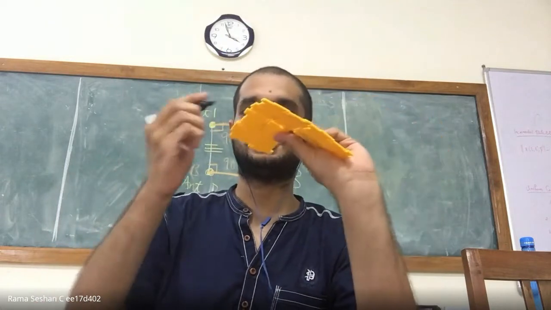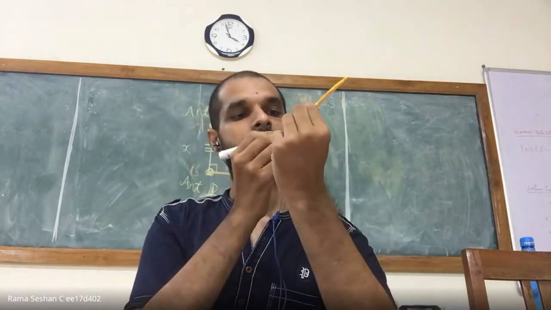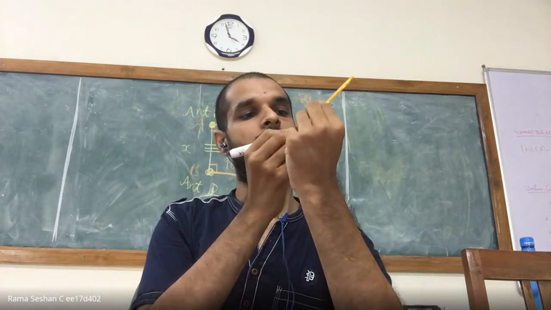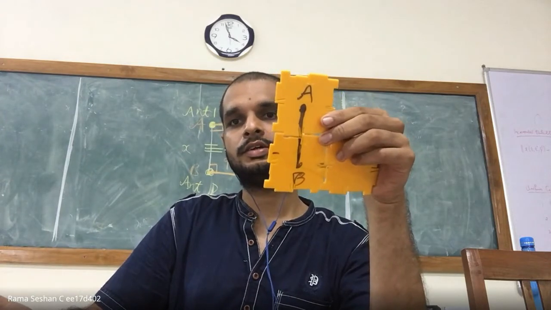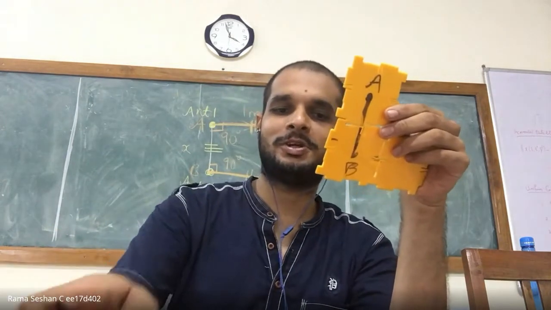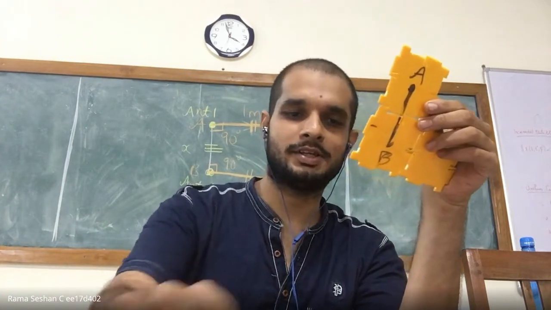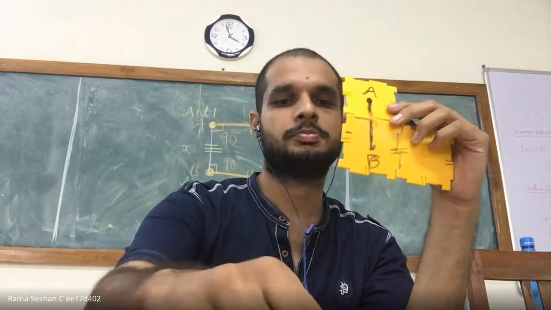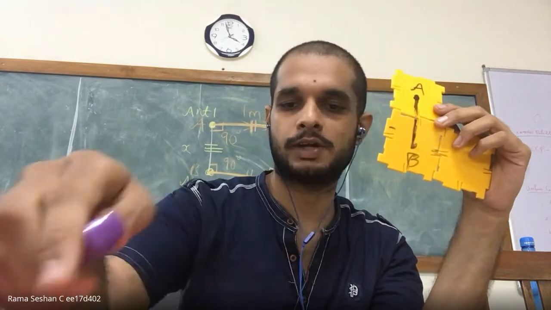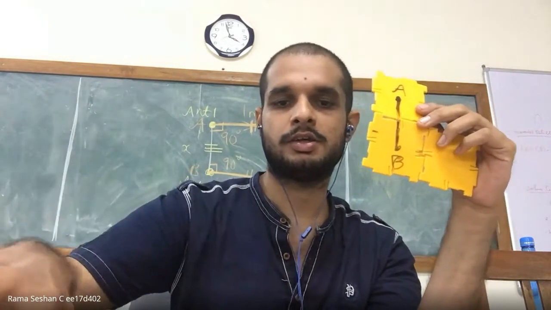Initially one ant is at A, the other ant is at B. Fine. Now they, as usual, hold hands like couples and then they walk. I think I'll use green.